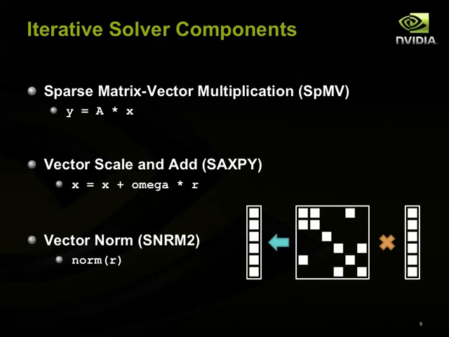The vector norm is a little more difficult just because you have to do a reduction. If you're not already comfortable with that, we're not going to study it ourselves, but you might look at the CUDA SDK or read some other resources to understand how one would compute the sum of an array efficiently in parallel on a GPU.